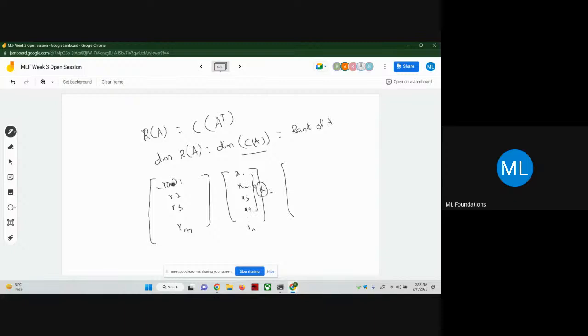This is nothing but row 1 transpose x, right? This will be the first value here. The second value will be row 2 transpose x, row 3 transpose x, and so on.